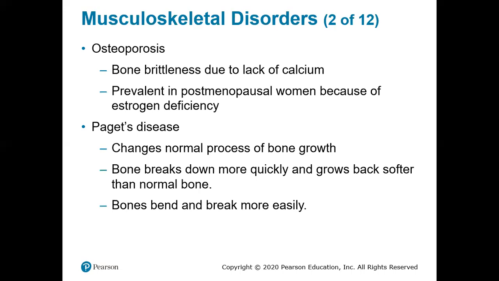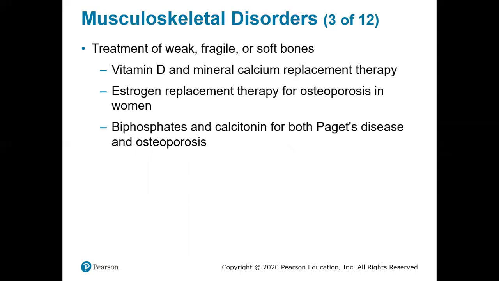Bones bend and break more easily. Treatment of weak, fragile, or soft bones would include vitamin D and mineral calcium replacement therapy, estrogen replacement therapy for osteoporosis in women, and bisphosphonates and calcitonin for both Paget's disease and osteoporosis.